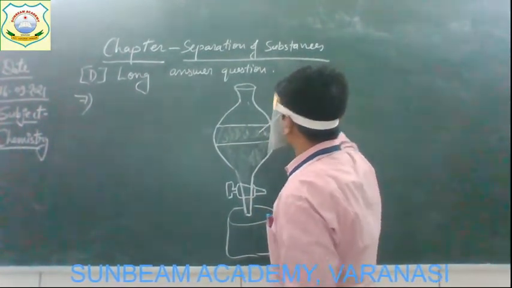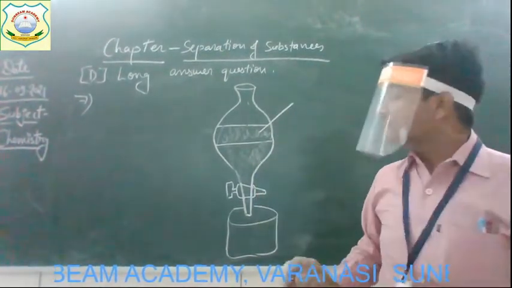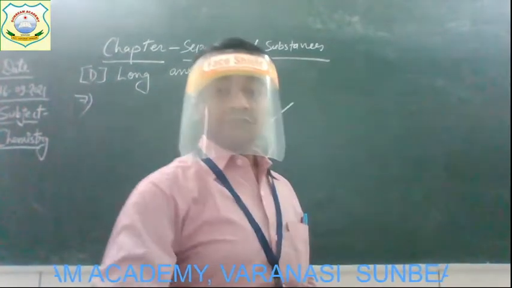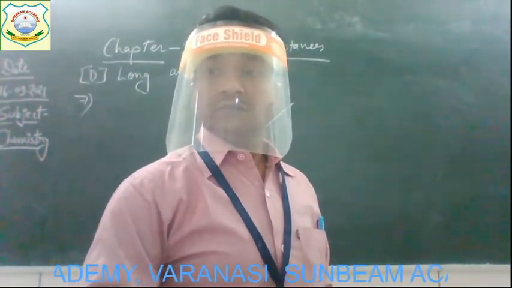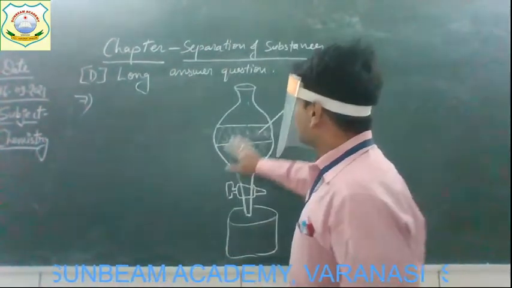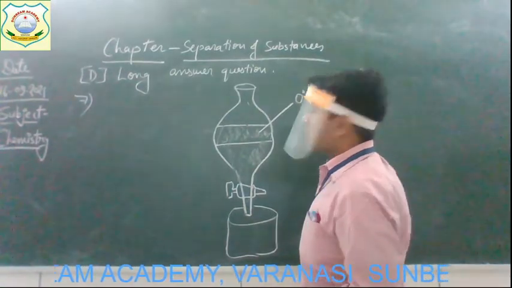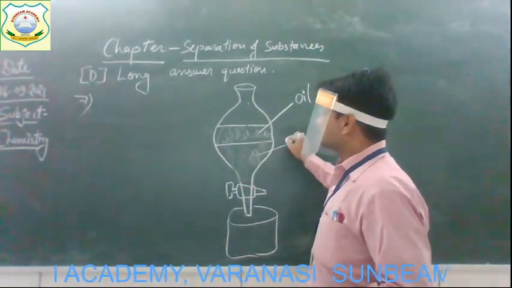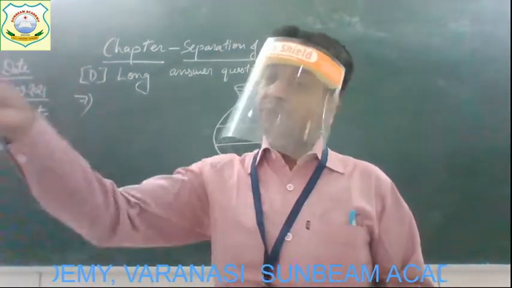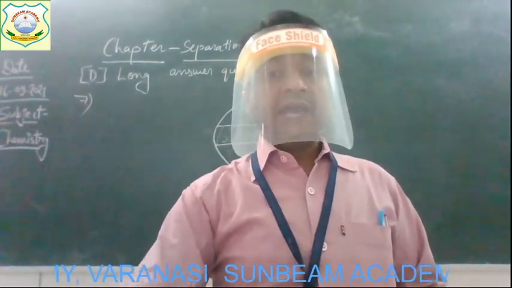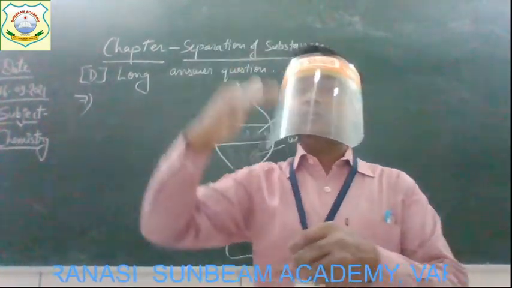The upper layer is the layer of oil. So the top layer is oil, and this layer is water. You pour your mixture and allow it to settle, to separate the two layers.